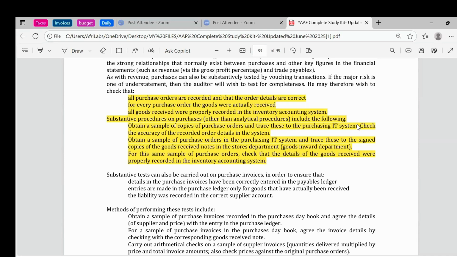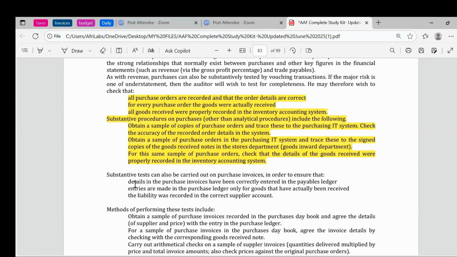The other ones are direct. Obtain a sample of copies of purchase orders and trace these to the purchasing IT system. Check the accuracy of recorded order details in the system. So that's accuracy. Next one: obtain a sample of purchase orders in the purchasing IT system and trace this to the signed copies of the goods received notes in the stores department, that's the goods inward department.